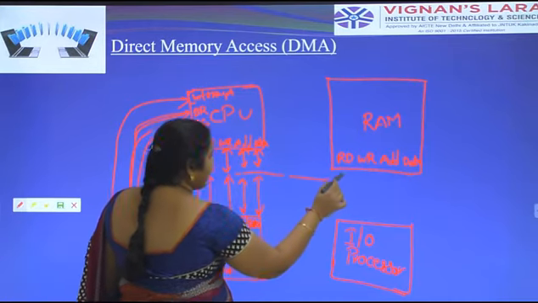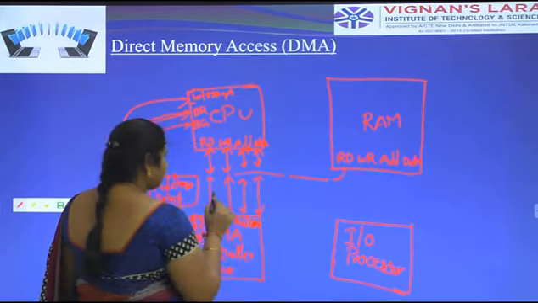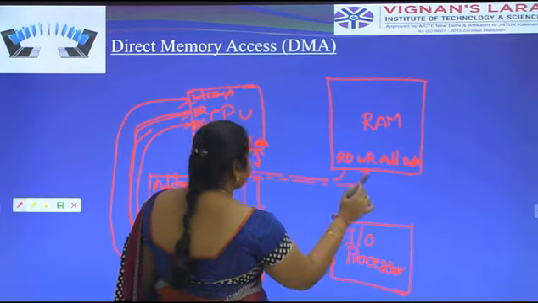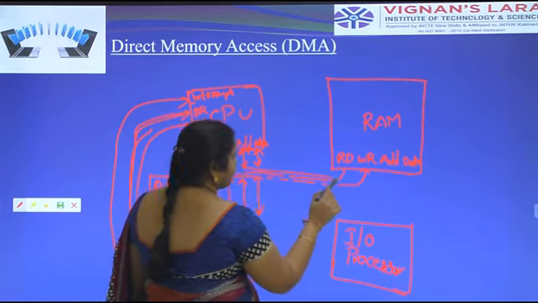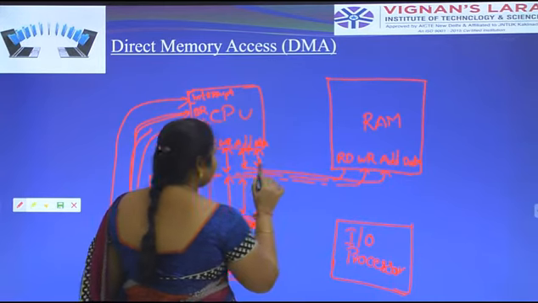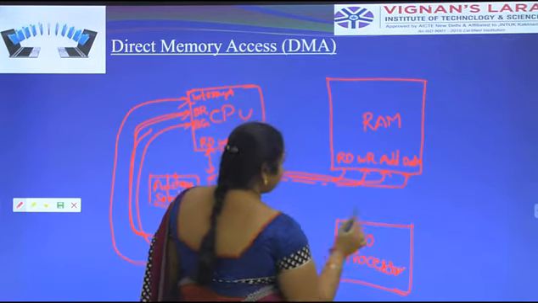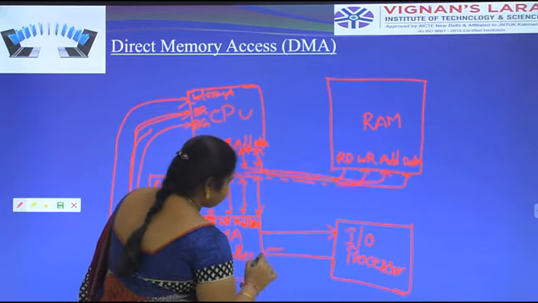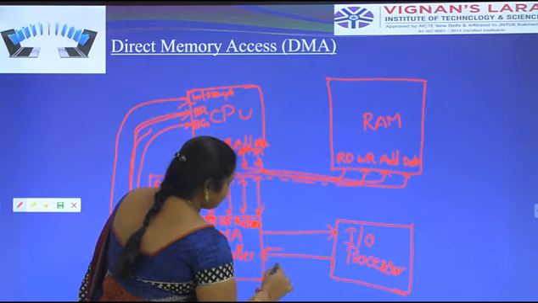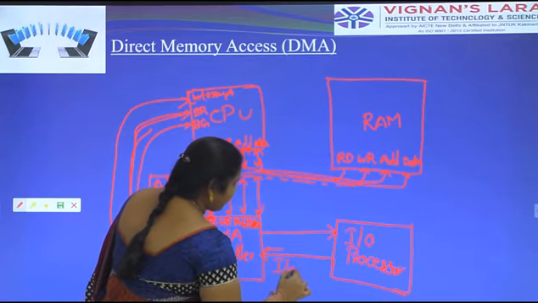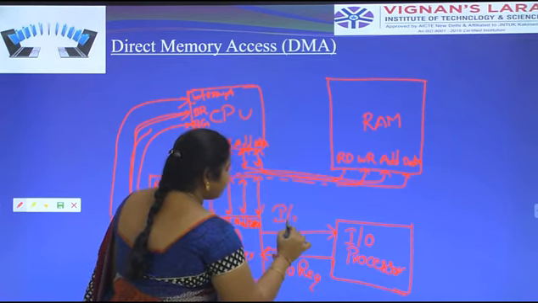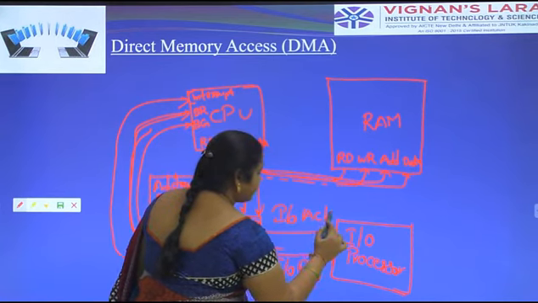Here we have the address register that is transferred to the address register and write operation, address register and also data register. Here IO request, and input output acknowledgement, ACK.